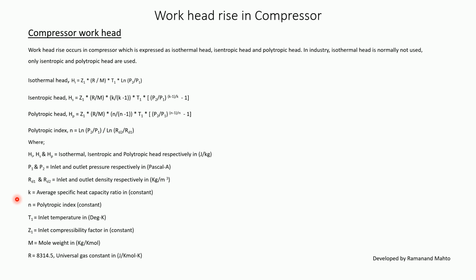K is average specific heat capacity ratio, constant. N क्या है, polytropic index, constant. T1 is inlet temperature in degree Kelvin. Z1 is inlet compressibility factor, constant. M is molecular weight in kg per kilomole, and R is universal gas constant, joule per kilomole per Kelvin.